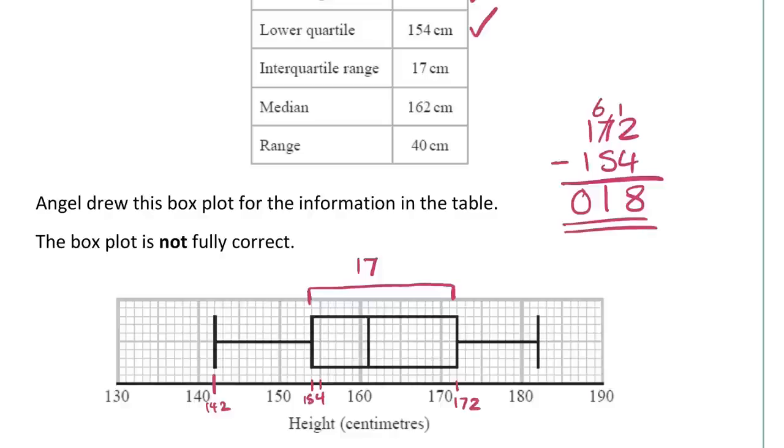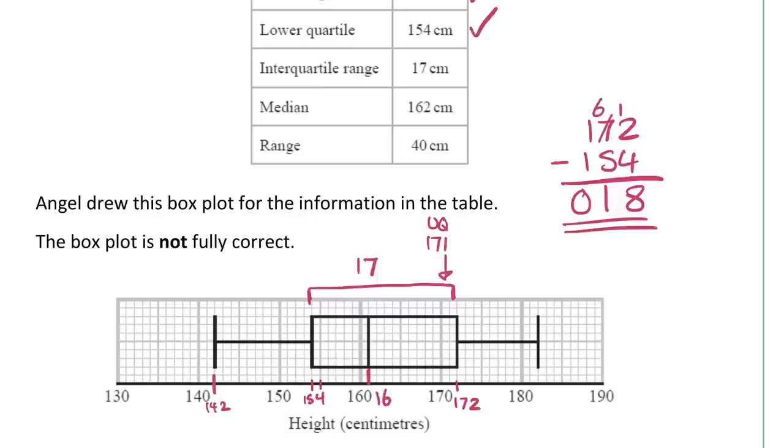Right, so let's keep going. So actually what does that mean? The upper quartile should have been on 171. So that there should be 171 for the upper quartile. Right, there we go. That was one of our first issues. The median, it says, is on 162. Let's have a look. Each square goes up in ones, so it should be easy to read.